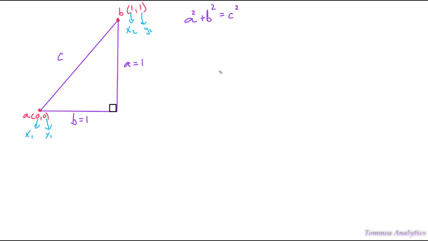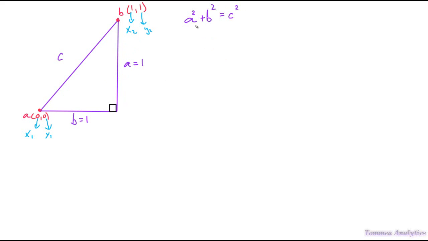Now, to understand the distance formula for any two points, we need to first understand this equation, a squared plus b squared equals c squared. You may be familiar with this already, but I want to explain it more clearly in terms of triangles and legs of the triangle.